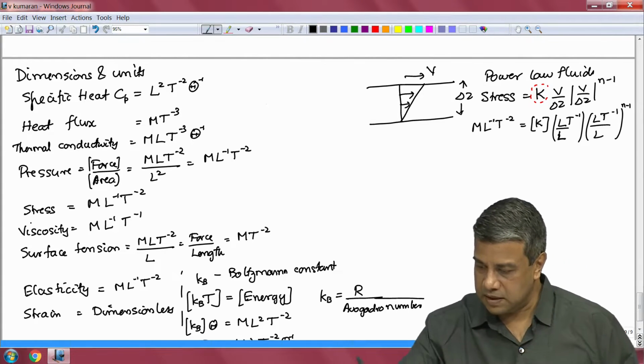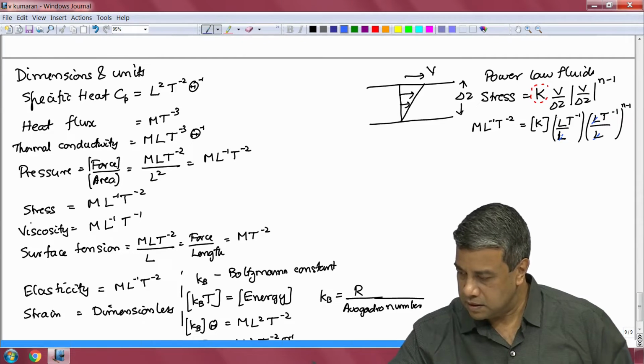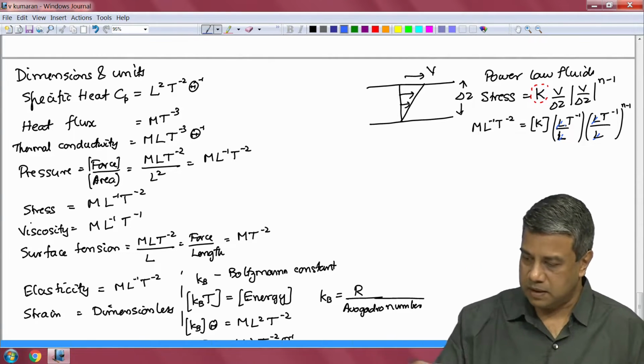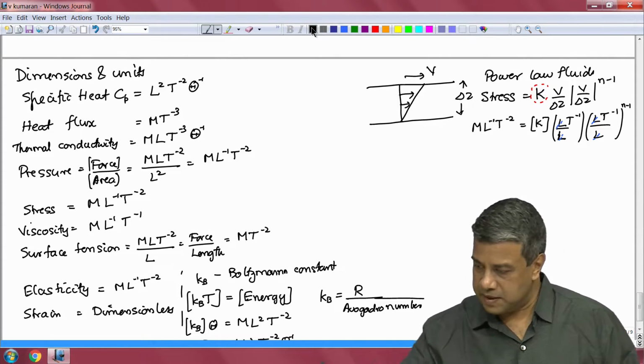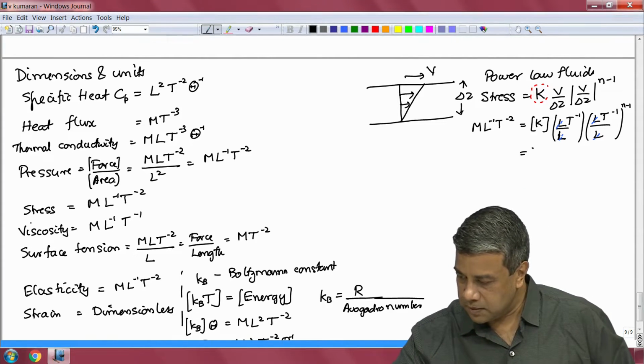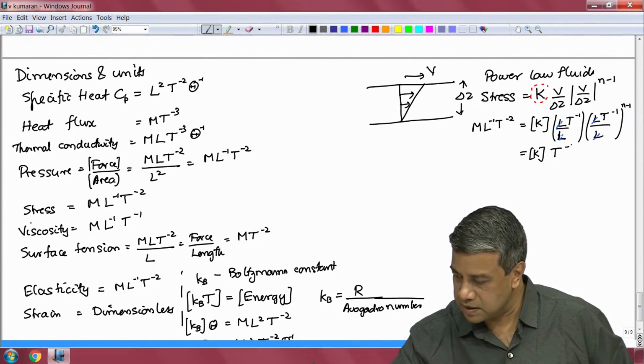You can see that in this case the length dimensions both cancel out, the numerator and denominator, because you are taking velocity divided by distance. So, this is basically equal to the dimension of the flow consistency index times T power minus n.